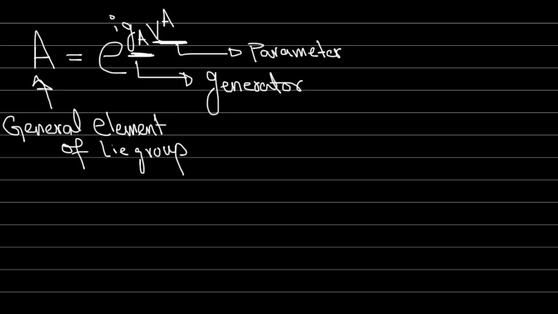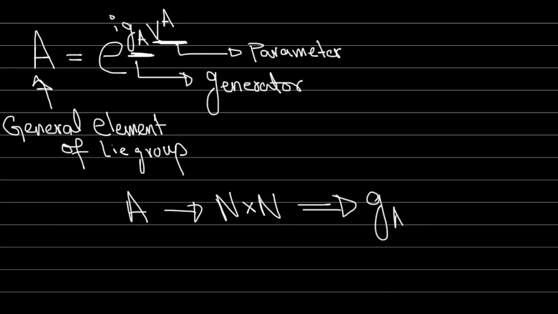Now, note that if A is n cross n, then this implies the matrix GA is also n cross n, right? And this GA times VA, this whole thing over here, allows us to combine different types of transformations.